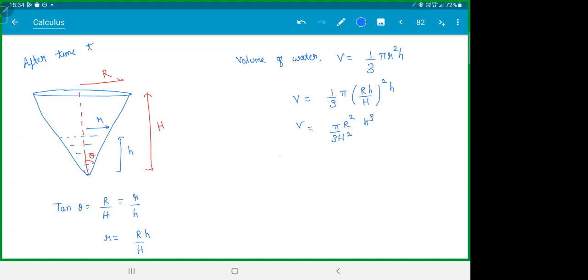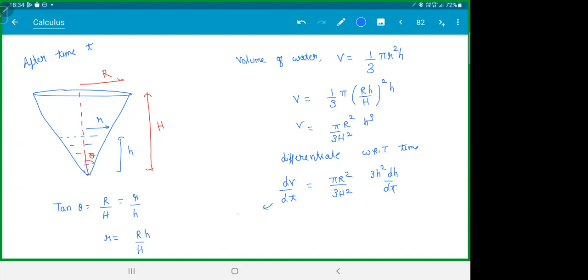Differentiate this with time. This is the rate of change of volume, dV by dt. This is pi R square by 3 H square into the differential of h cube, which is 3h square dh by dt. What is this?